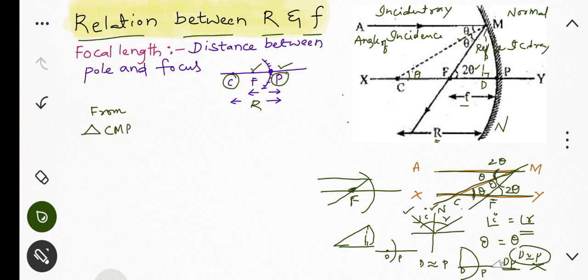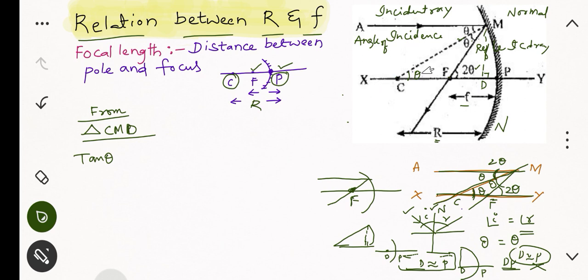Here we have taken a concave mirror of less curvature, so we can say that D is approximately equal to P. From the triangle CMD, we can write tan theta.